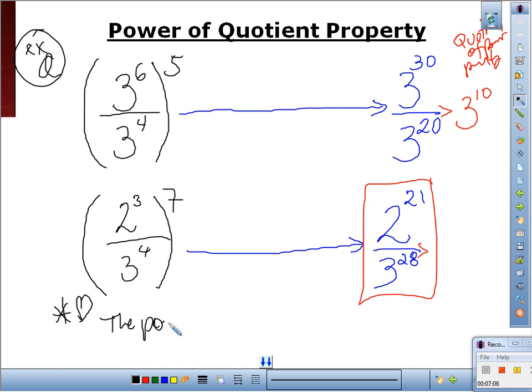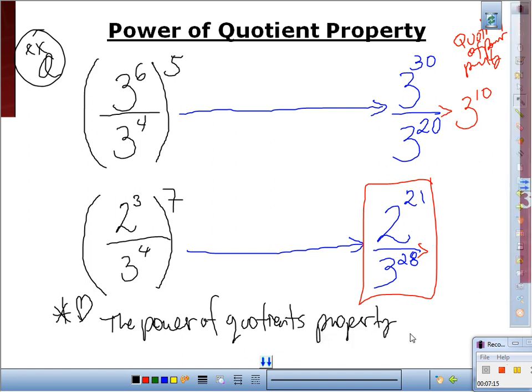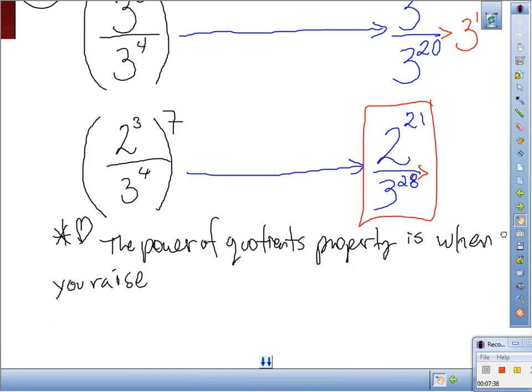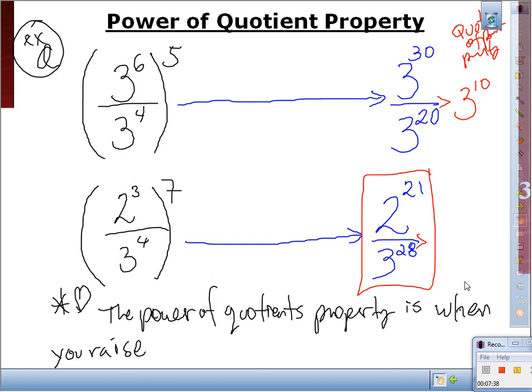The power of quotients property is when, that's someone, Hunter, when you raise, hold on, before you say exponential expression, we know we're dealing with exponential expressions, right?